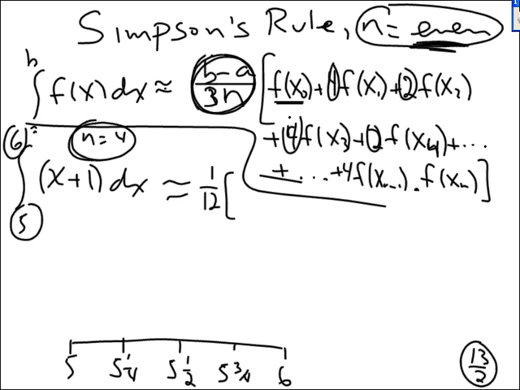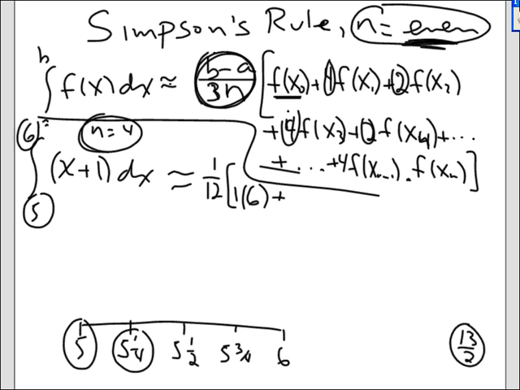According to the formula, first I need f of that. Just add 1 to it. The first term is the understood 1 in front. The next term, f of 5 1/4 is 6 1/4, multiplied by 4.